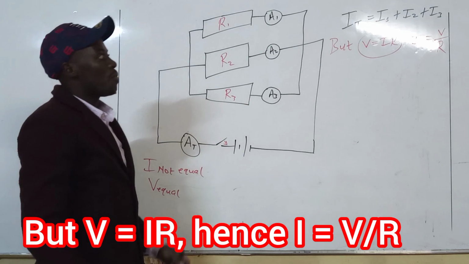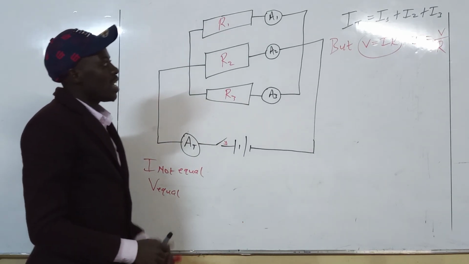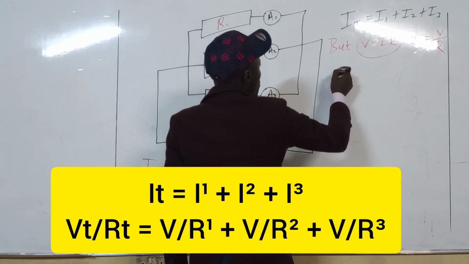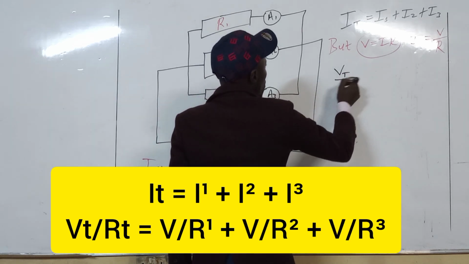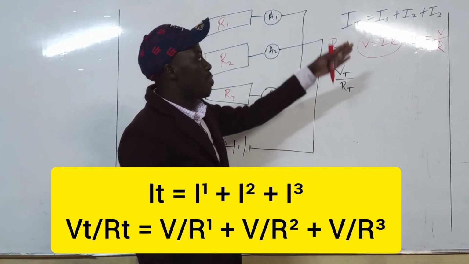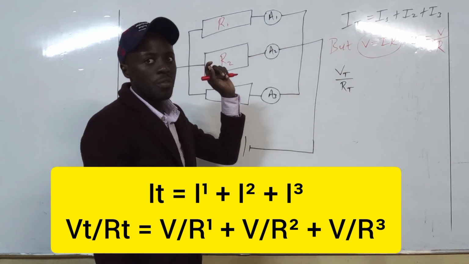That's the current, voltage divided by resistance. So where we have current here, IT will be VT over RT, because where we have current will be replaced by voltage over resistance from Ohm's law.